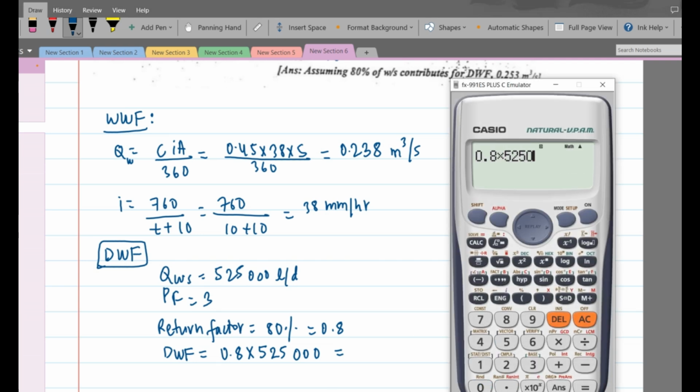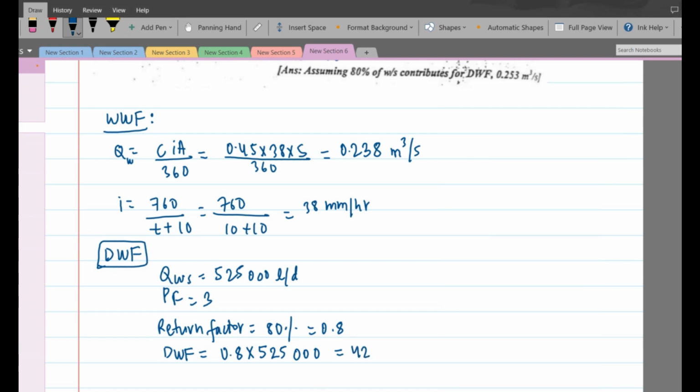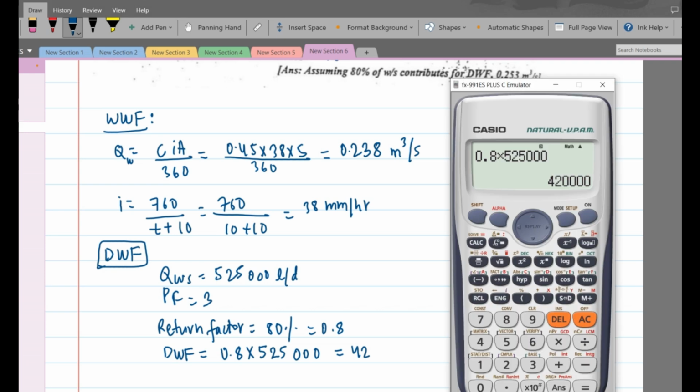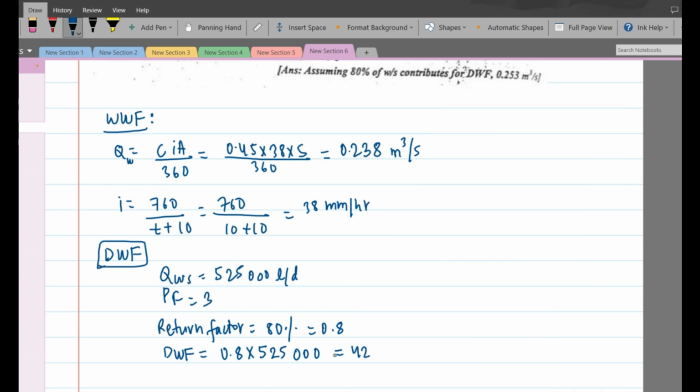It will be 42 and 4 zeros, 420,000 liter per day.